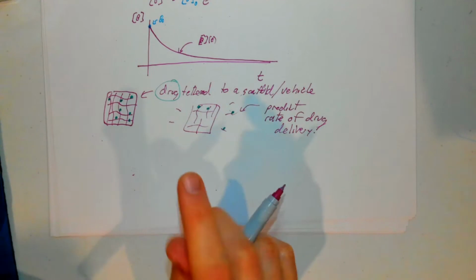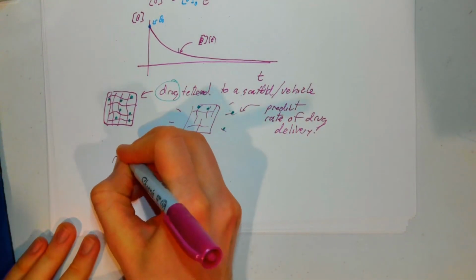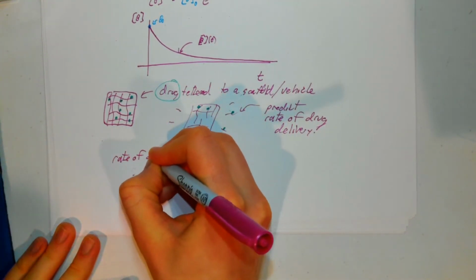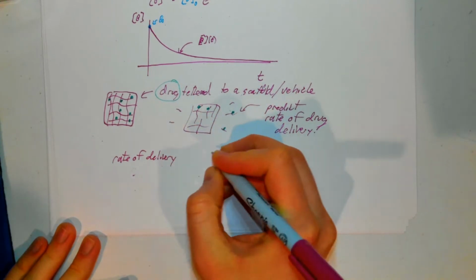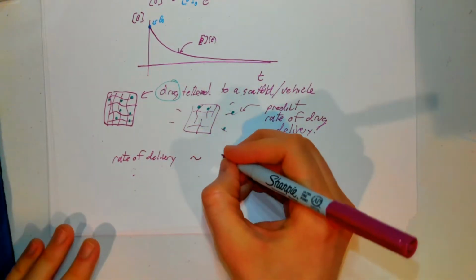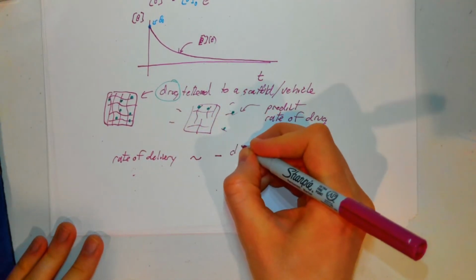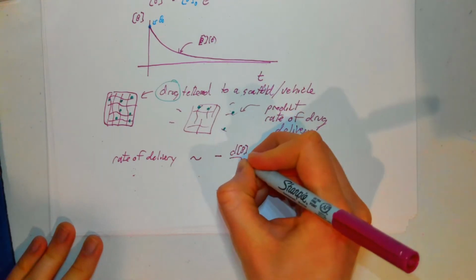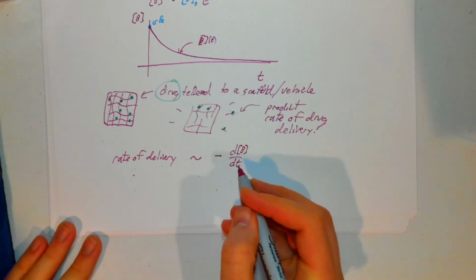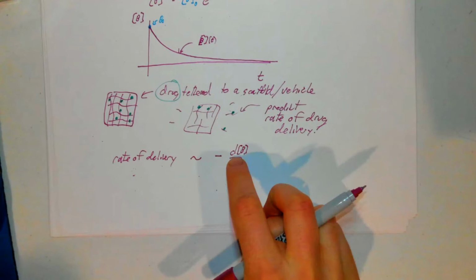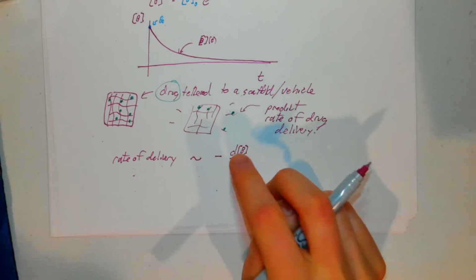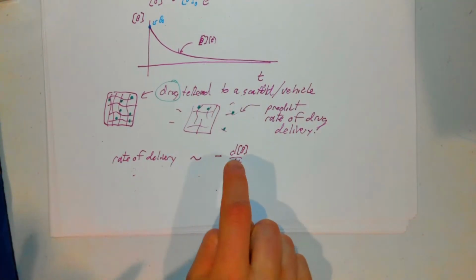Now, what's the tricky thing here? Well, the rate of delivery is basically proportional to minus dB/dt. Why is it equal to minus this? Well, dB/dt is itself negative.